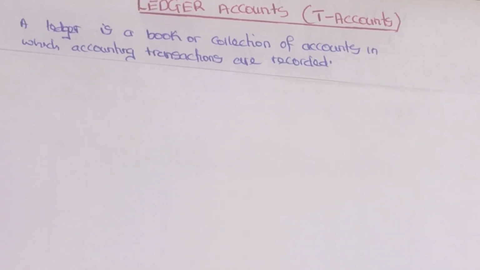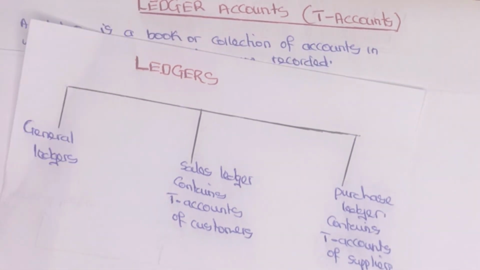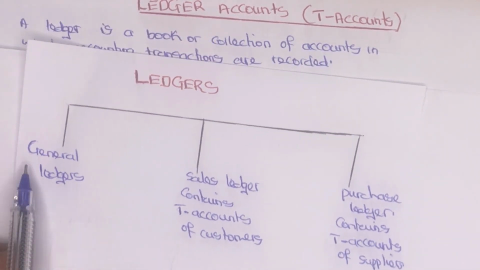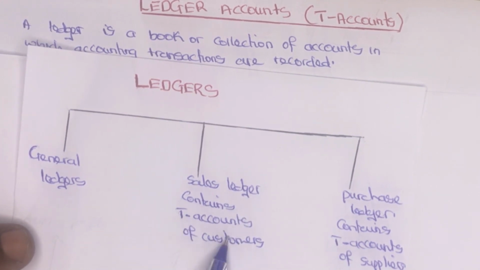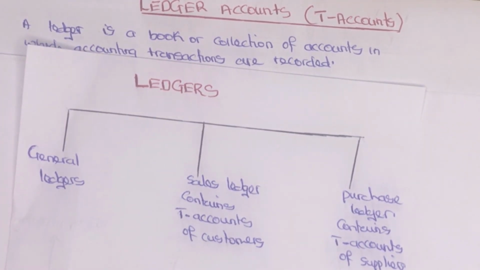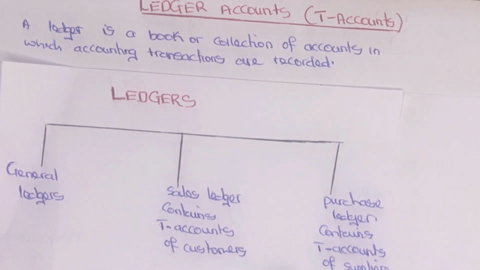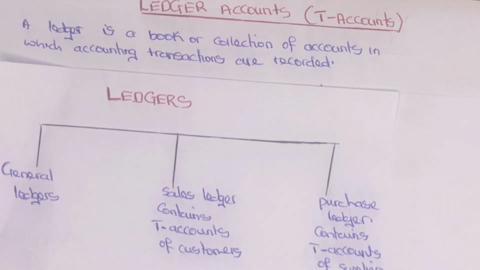We have the general ledger, the sales ledger, which contains the T account of customers, and the purchase ledger, which contains the T account of suppliers. We are going to look at this in detail in our subsequent video. So for now, just look at the definitions.